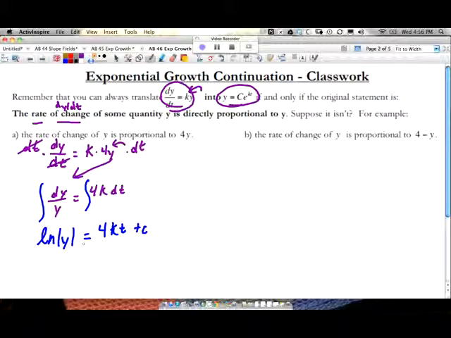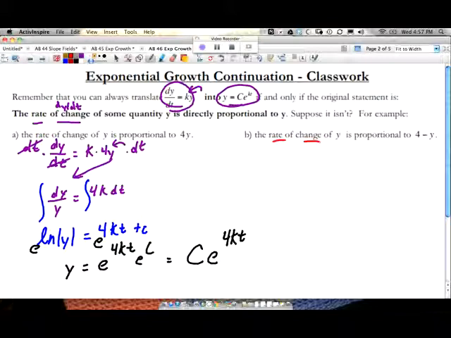Now, thinking ahead, we take e of both sides, and y is going to be equal to e to the 4kt times e to the c, which equals ce^(4kt). All right, that's not that big a deal. Well, we can do that.